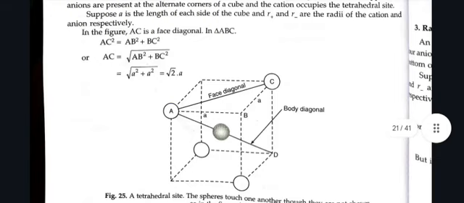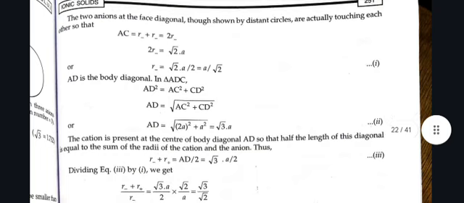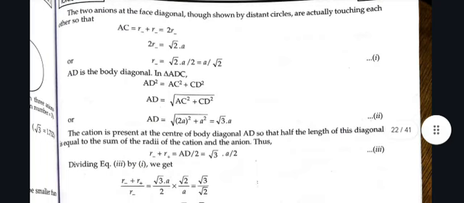A square is removed from the root, which gives us under root 2A. The two anions at the face diagonal, though shown by distant circles, are actually touching each other. So AC equals R minus plus R minus, which equals 2R minus. So 2R minus equals under root 2A, R minus equals under root 2A by 2, which gives A upon under root 2.